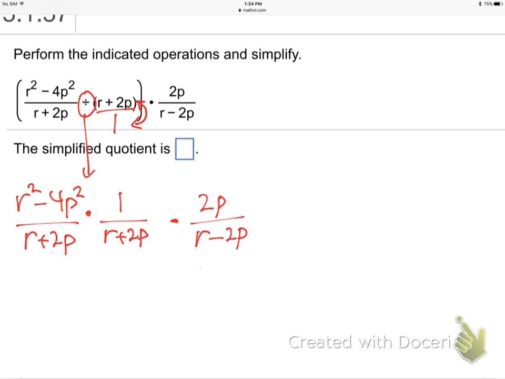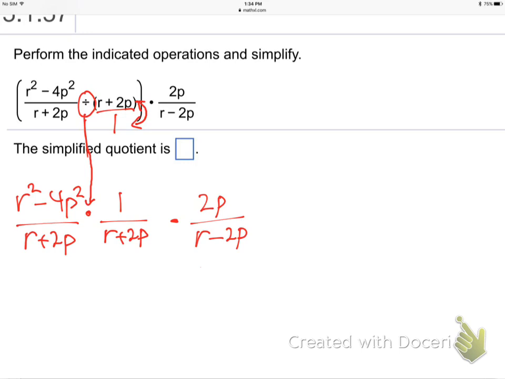Is that good so far? I just changed this dividing to multiplying. So anything that comes right after a divide gets flipped, and we change to times, right? Anything that comes right after a divide, we flip and change to times.